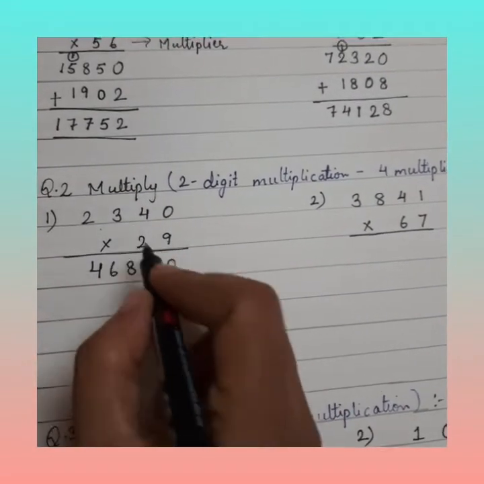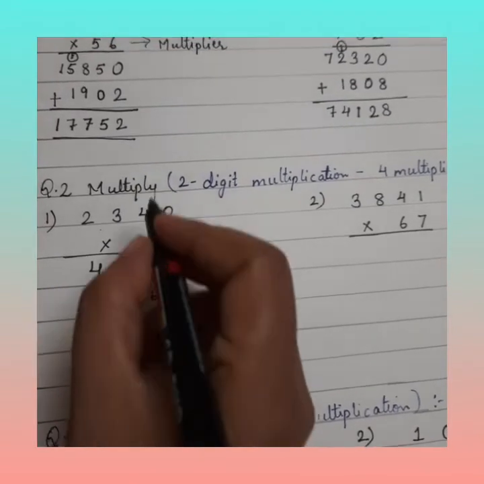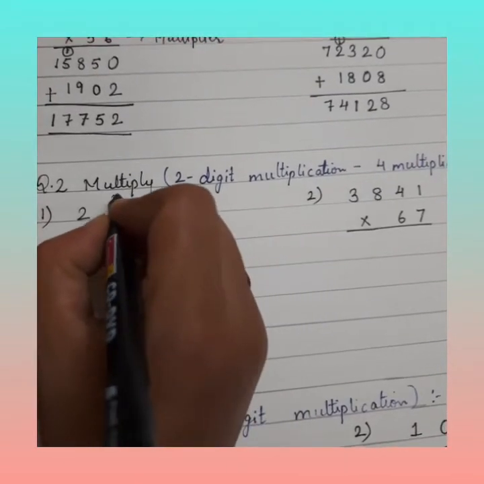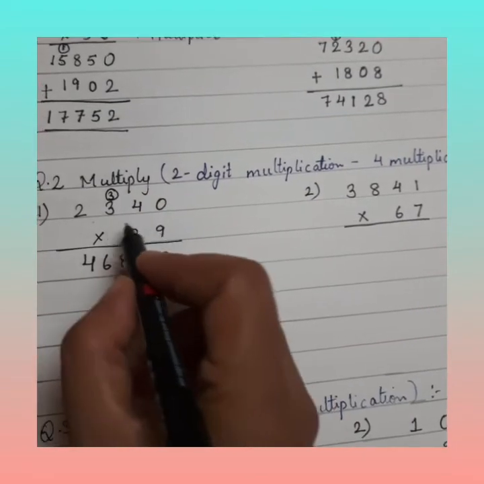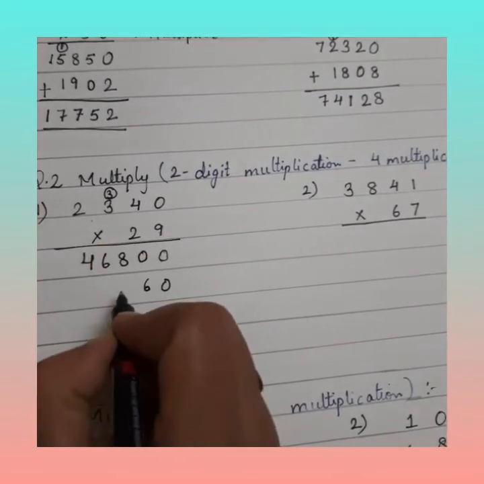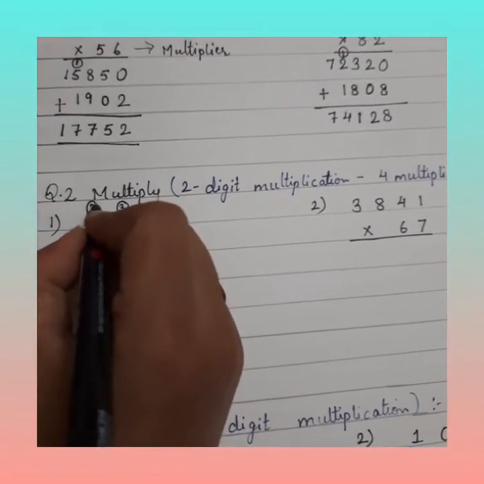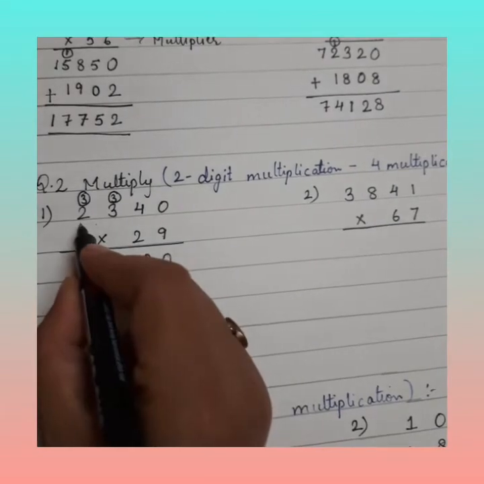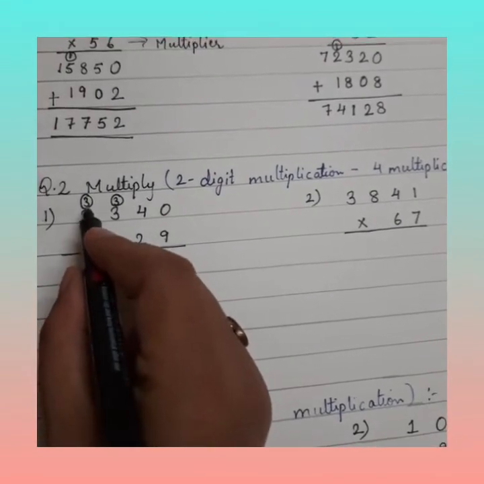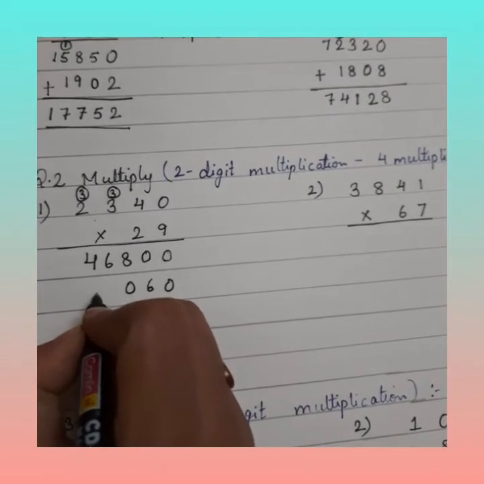So 9 fours are 36. In that, 6 is at the unit place. So 6 I have written here, 3 will be carried over. Then 9 threes are 27 plus 3, 30. So 0 I will write here and 3 will be carried over. 9 twos are 18 plus 3 will be 21.